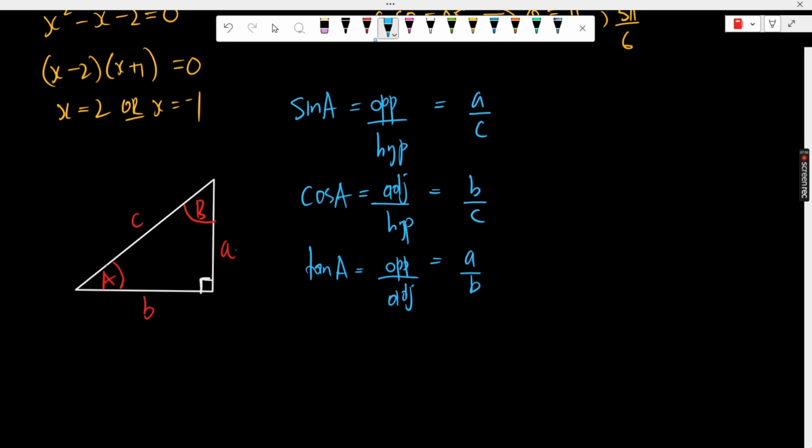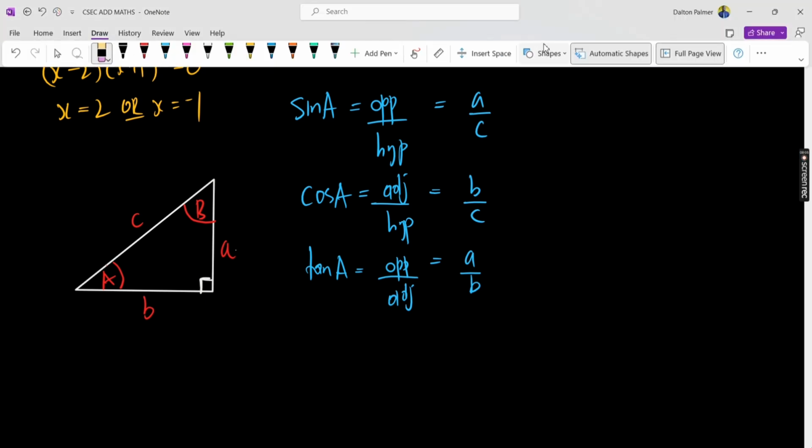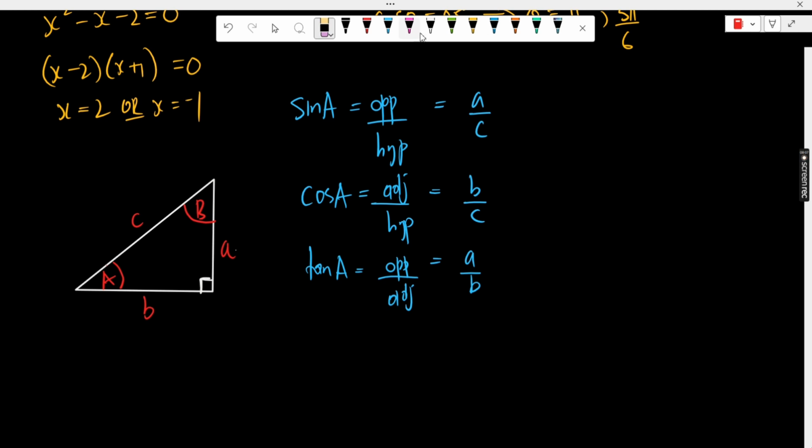And of course, since I have these, I could actually write down the minor trig ratios as well. You're required to have knowledge of the minor trig ratios, and those, of course, are cosec, sec, and cot.